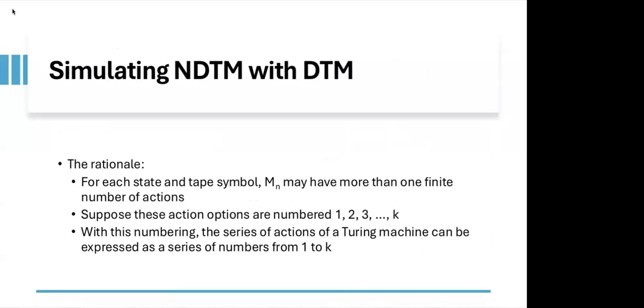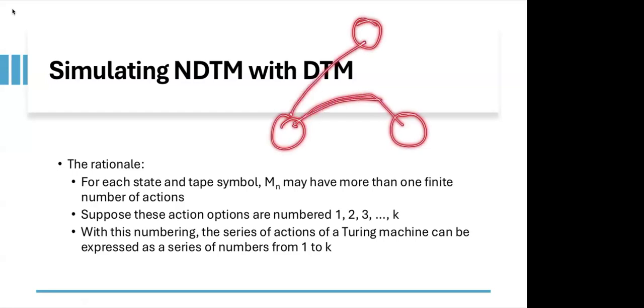The rationale, how can we simulate this, is that for each state and tape symbol, MN may have a finite number of actions. From one state to another state, and to another state as well, we may have a finite number of possible transitions.